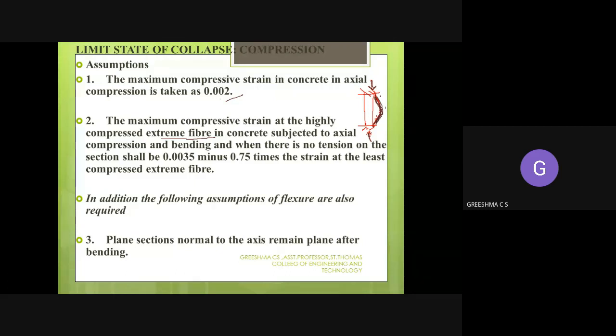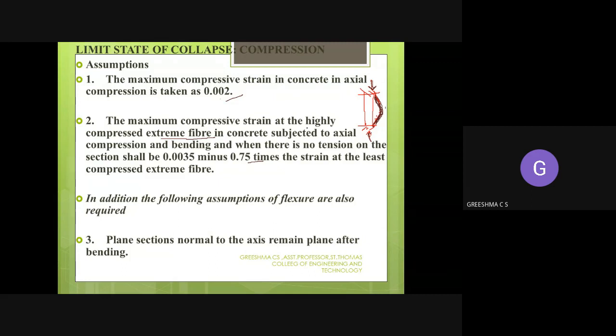So the maximum compressive strain at the highly compressed extreme fibers: at the extreme fibers you will have the maximum compressive strain, and the value is 0.0035 minus 0.75 times the strain at the least compressed extreme fiber.